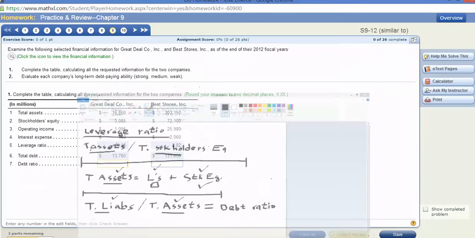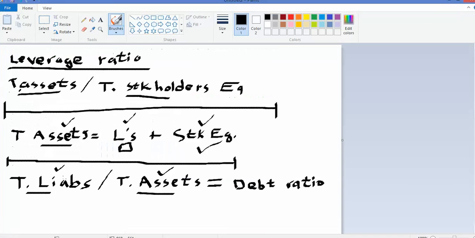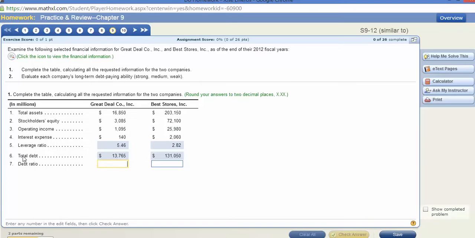So you can see we've been building it here because you've got total debt over total assets. Here you have total debt. Here you have total assets. This you just backed into. So now it's just a matter of working with what you've built. You've got 13,765 divided by 16,850, and that gives you 0.816.